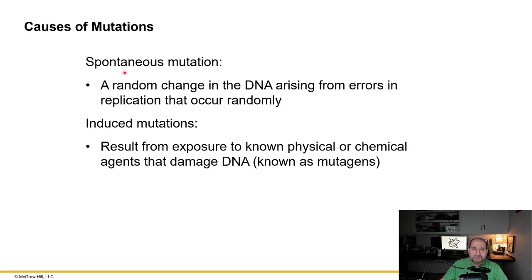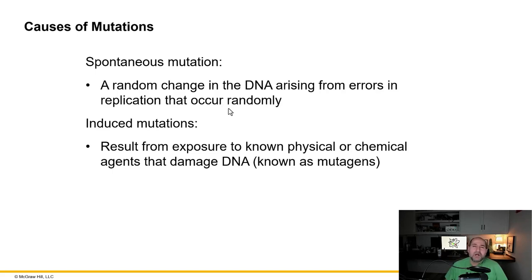Mutations can be caused spontaneously. These are known as spontaneous mutations. And this occurs by random errors in DNA replication. So, for instance, when a cell wants to divide, remember the first thing the cell needs to do is copy its chromosomes, right? Now, imagine during copying of the DNA, mistakes can occur.